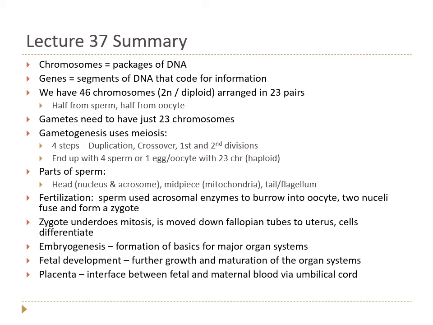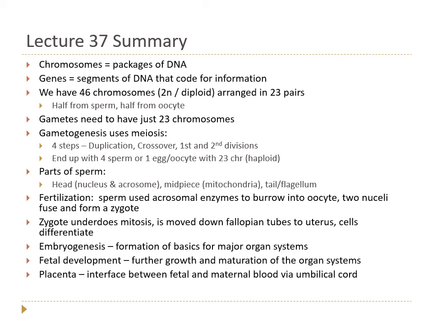The sperm is a very specialized cell, with the head having the nucleus with its 23 chromosomes, the acrosome with the enzyme to burrow into the oocyte's outer protective covering, a midpiece with mitochondria to power its ability to swim, and the tail or flagellum so that it can swim.